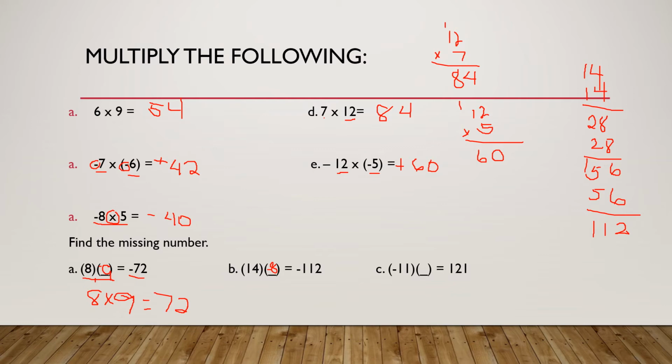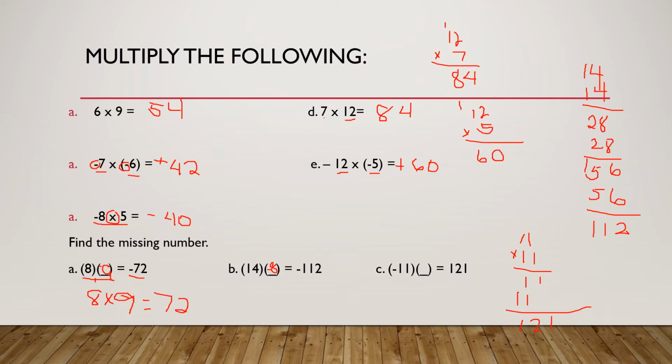What about here? We know that when we multiply 11 times 11, it gives us 121. So that means 11 times 11 is 121.